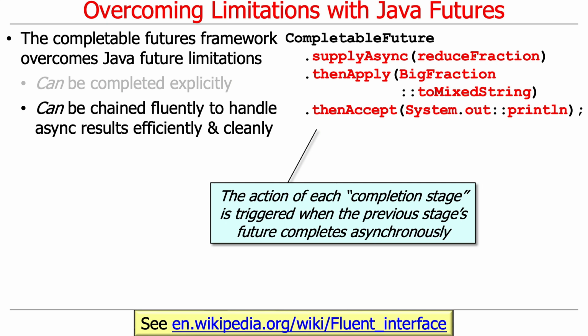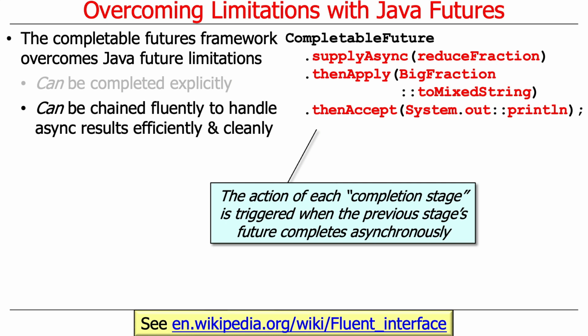Something that is actually quite useful is to chain together a group of dependent actions using something called CompletionStage methods. And what happens here, just as an example, we can start an asynchronous computation to reduce a big fraction.